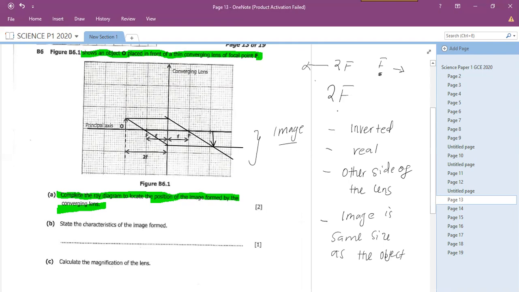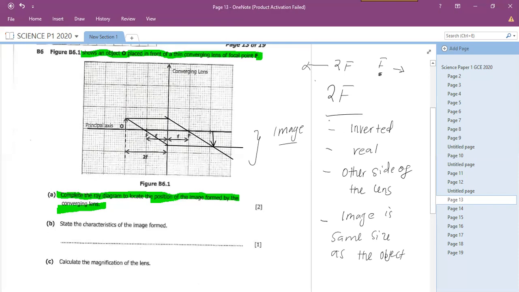So if you have a physics textbook, or nowadays you don't even need a textbook, you just go to the internet and type in on Google, what are the characteristics of the image formed when it's placed before F, at 2F, and beyond 2F, so that you actually see all the ray diagrams that you're supposed to draw and the types of images that have been formed.